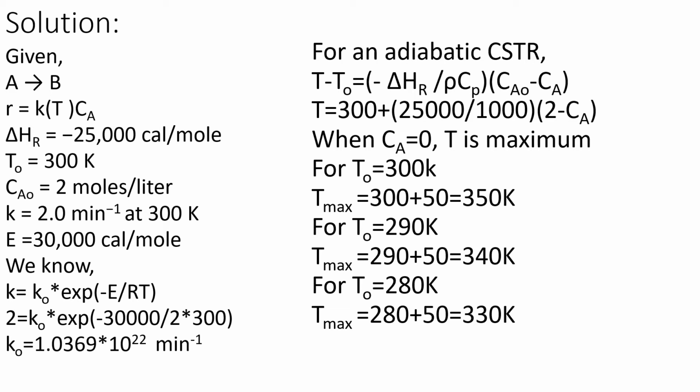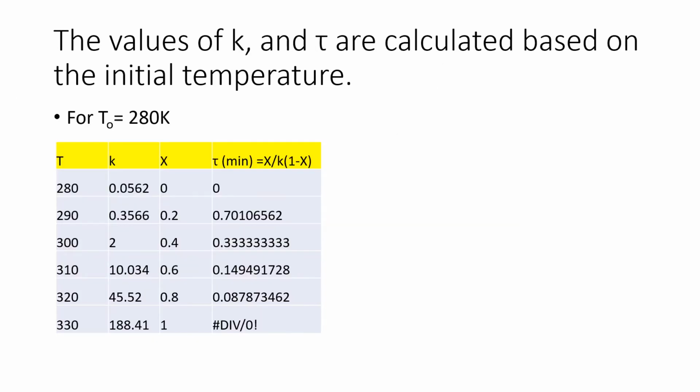For an initial temperature of 300 Kelvin, the maximum temperature obtained in the reaction is 350 Kelvin. For T naught equal to 290 Kelvin, it will be 340, and for 280 Kelvin, it will be 330 Kelvin, T max. So for the initial temperatures starting at 280 Kelvin, I've calculated the conversion.